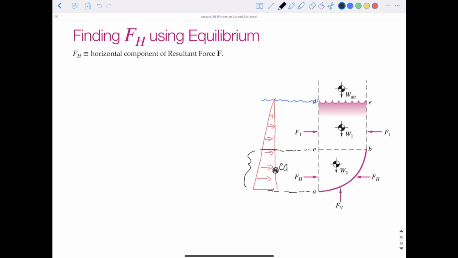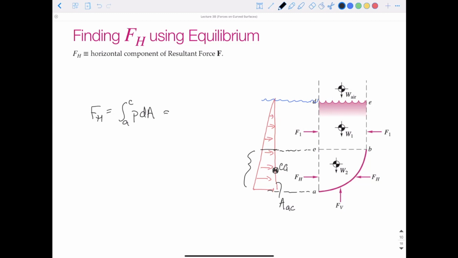And we can calculate the area of section AC. So this has some area of that shape. Remember, the horizontal projection of that shape. So we can just write FH is equal to the integral from A to C of the pressure dA, which is exactly how we would have started for the plane surface.